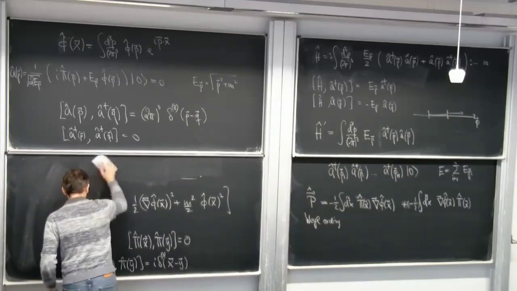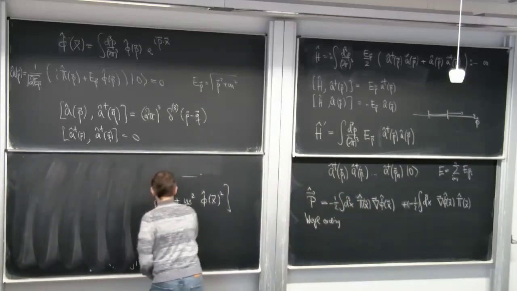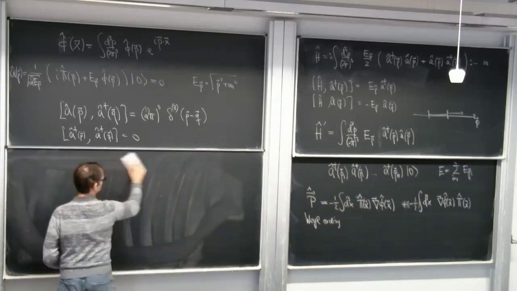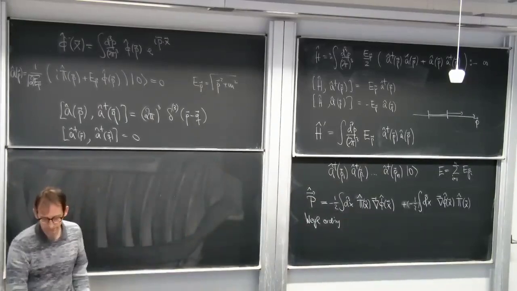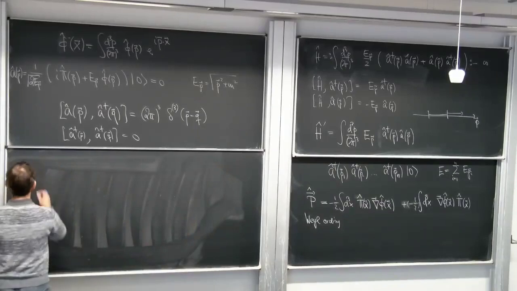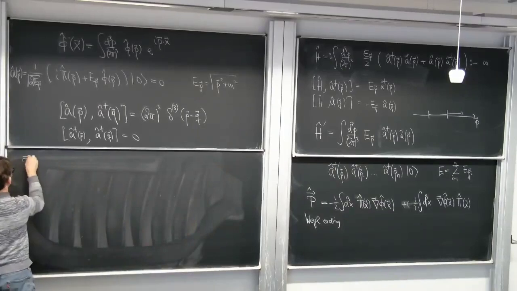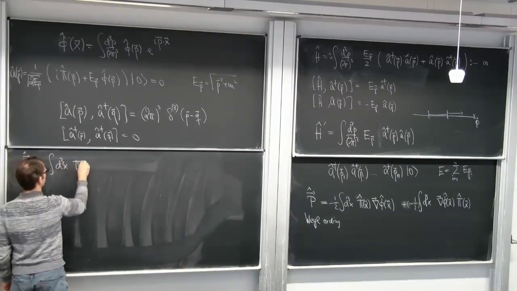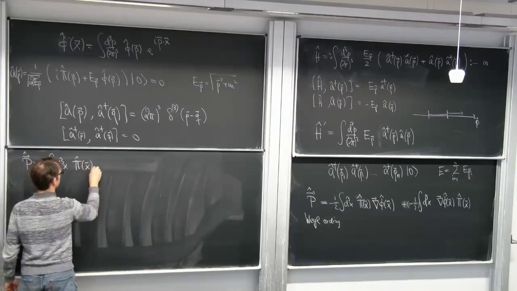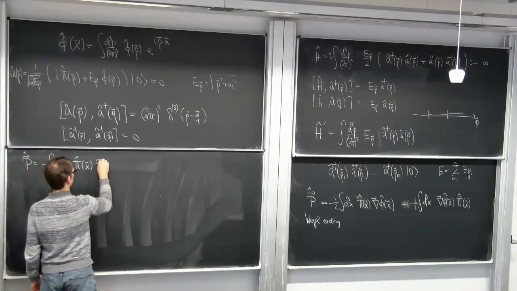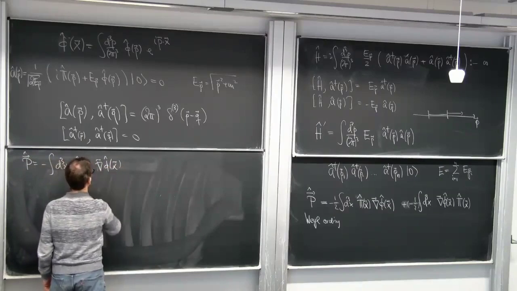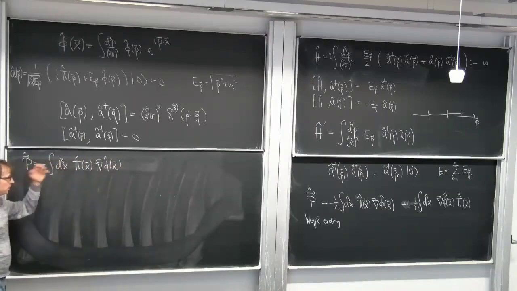I'll take the naive, one-term expression. Doing the Weyl ordering is just very lengthy because you double everything. So if I have this, the integral d3x of pi of x times gradient phi of x, now we have to insert the Fourier transform first.